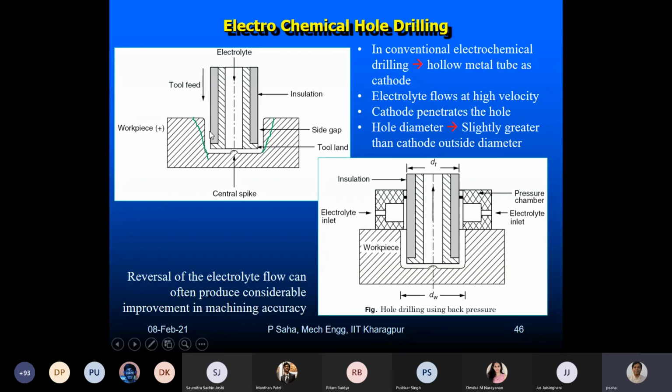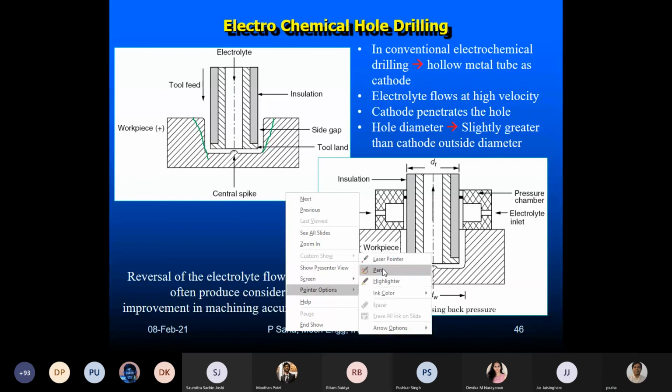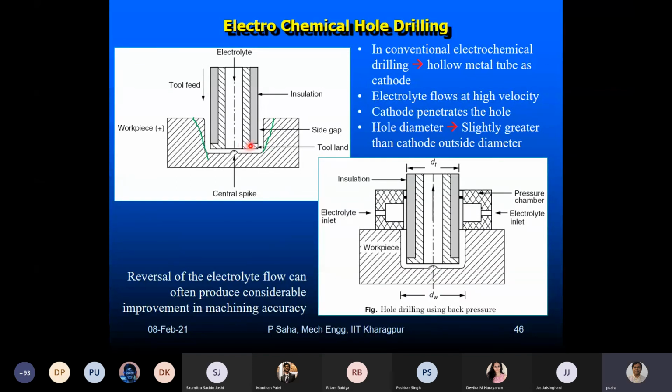Now here what is happening? Only the frontal portion of the tool is going to machine it. This is metallic, this is metallic, the central portion is having a small hole.